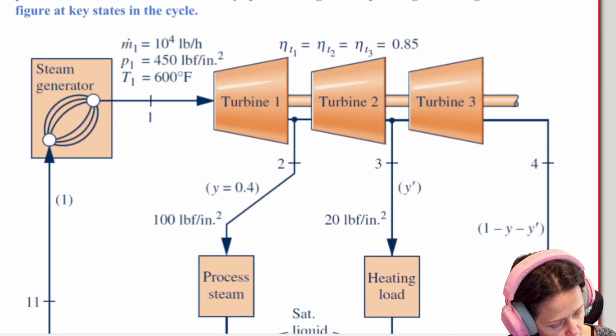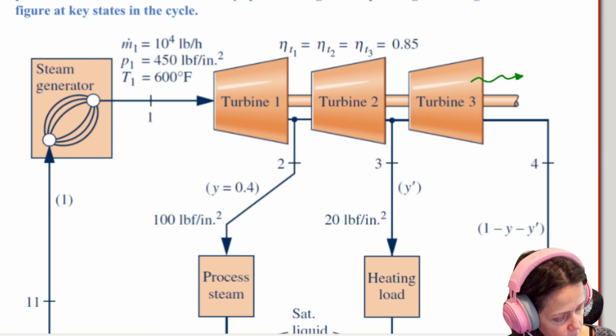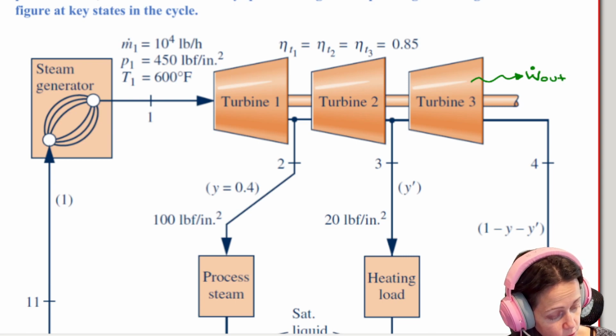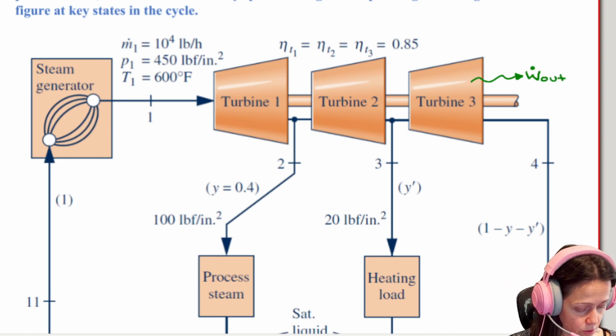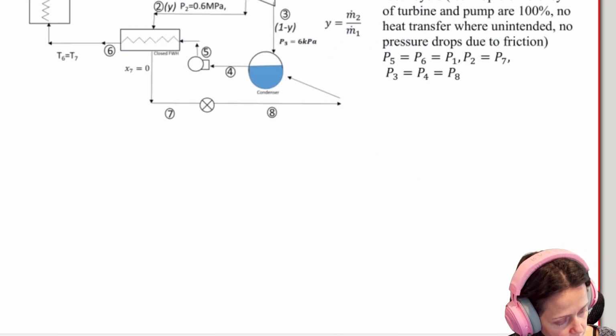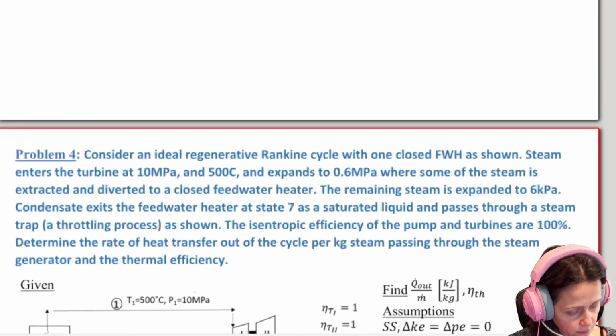All of these together is going to be a W dot out, and this is for all 3 of the turbines. I'm just going to draw one thing about that.